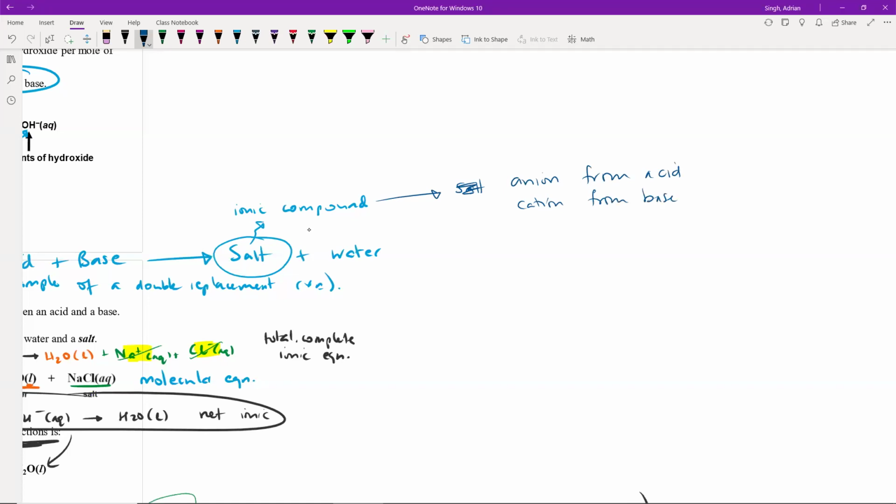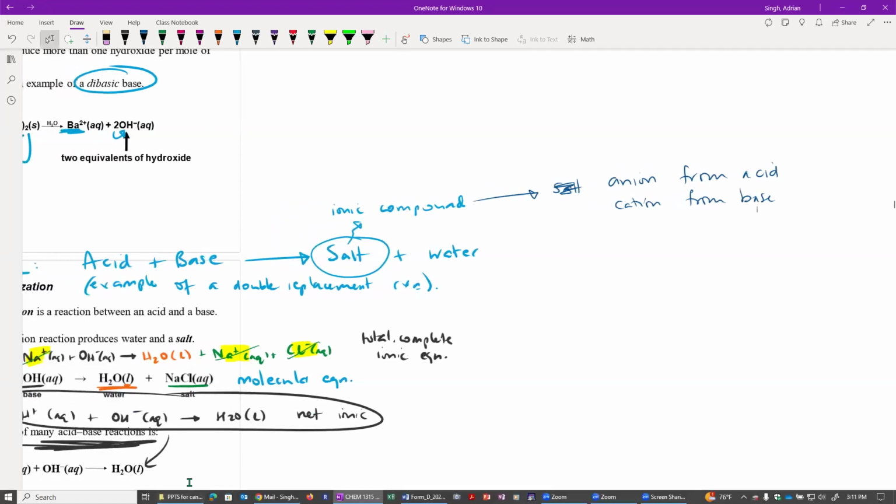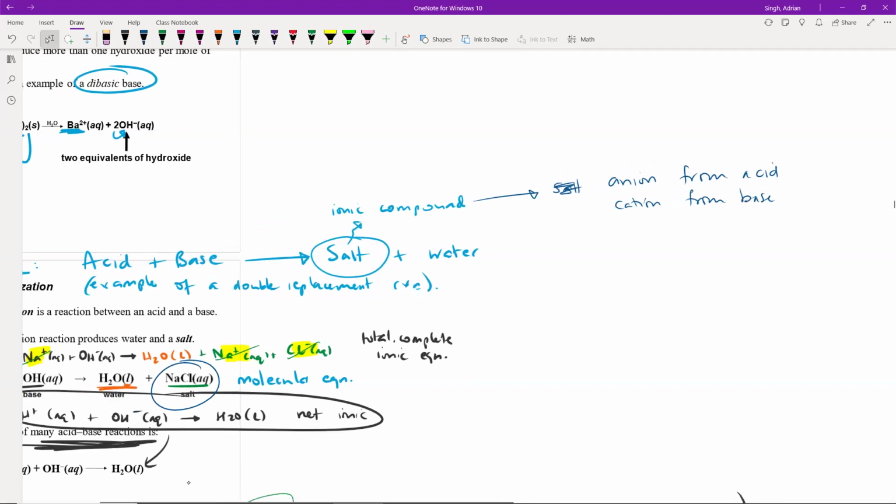So in the first example that we did, in NaCl, the Na plus came from NaOH, which is the base, and the Cl minus came from HCl, the acid. So just a quick point of clarification on that: the salt is an ionic compound, with the anion from the acid and the cation from the base.